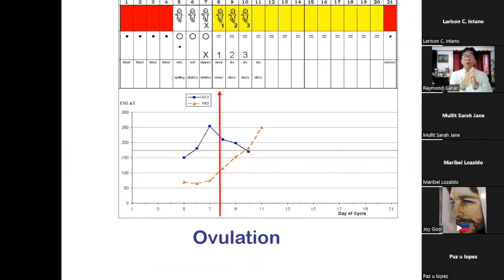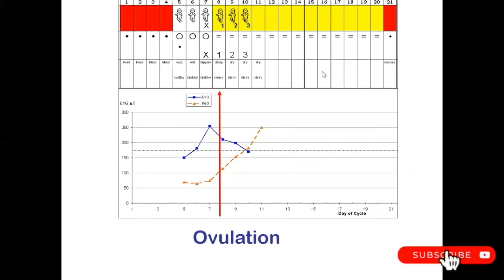But look at the luteal phase. The luteal phase is what? Dry but with mucus, sticky sensation. So the luteal phase is not totally color green. It is equal sign from the beginning of the luteal until 20. So don't be surprised if you encounter clients wherein after the peak day, they have a discharge.